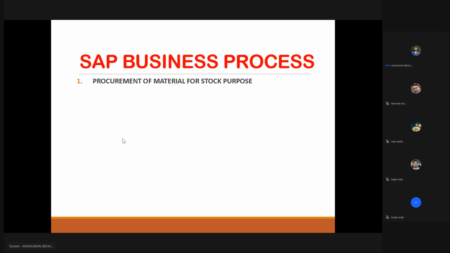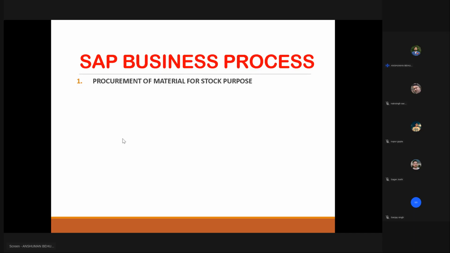So when we purchase the material for storing, there will be a process flow, which we will see in some time. So the first thing is when you procure the material and you store it, that is called procurement of material for stock purpose.